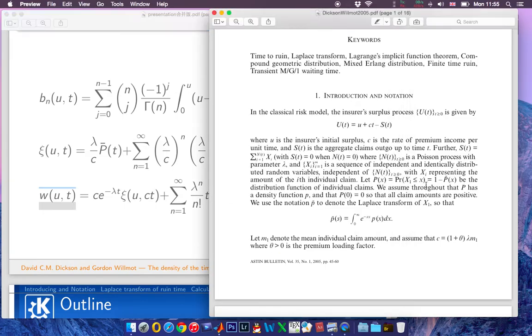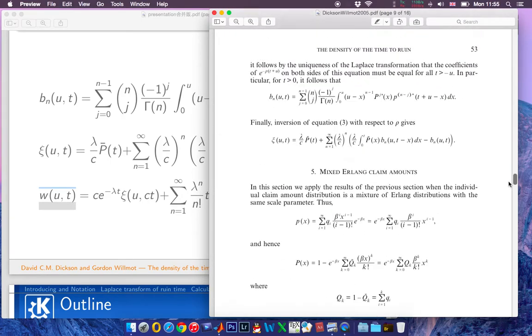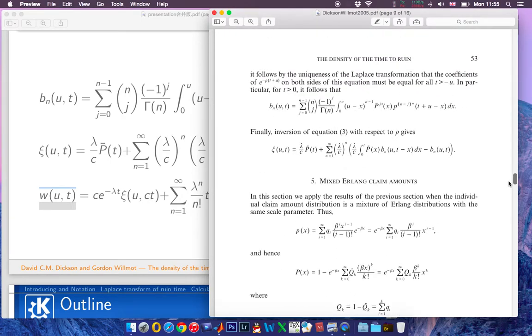In Dickson's paper, he gave us an example, but that example is a mixture of exponential claim amounts, which somehow simplifies this problem.